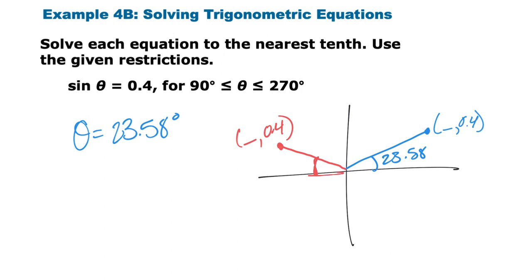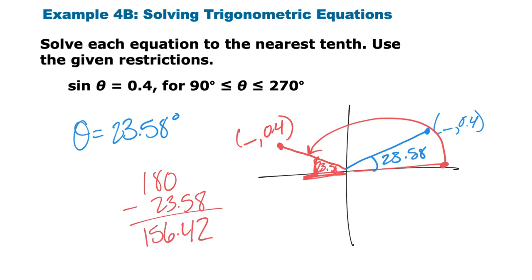Well, I know that the distance from my x-axis up is going to be 23.58, but I need the measurement going from 0 to here. So that's going to be 180 minus 23.58. And I get 156.42. So that answer is now in the range that I want, and I know that it has the same sine value as my original angle.